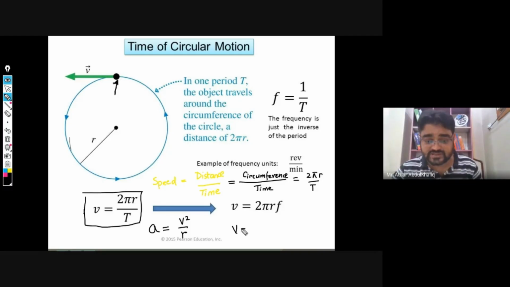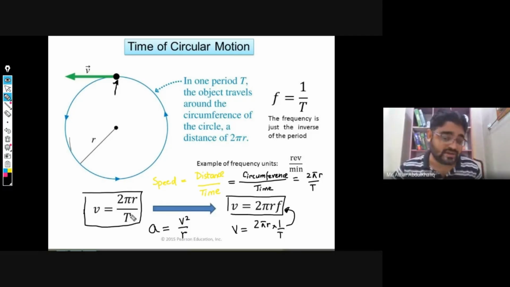You will use v is equal to 2 pi r over T, or you can say 1 over T. So what is 1 over T? It's f. So you can write it as 2 pi r f. So whenever we are going to find speed, you can use 2 pi r divided by T, or you can use 2 pi r multiplied by f. And to find the acceleration, we will use v squared over r.